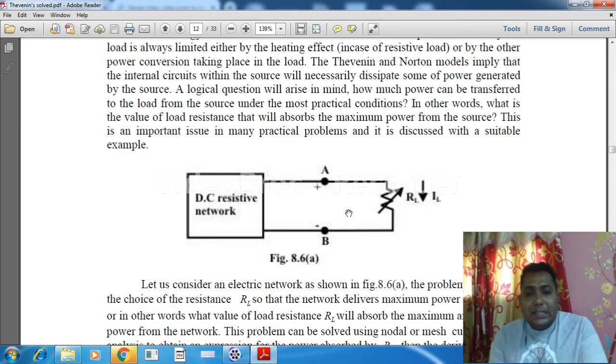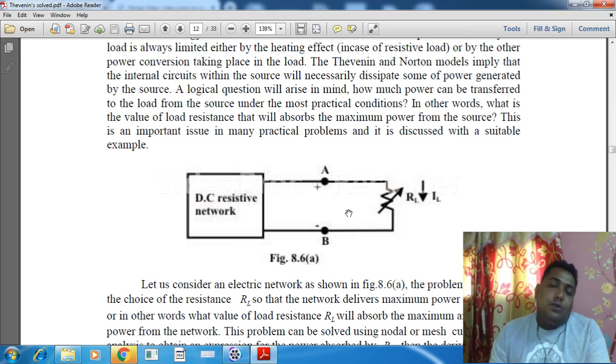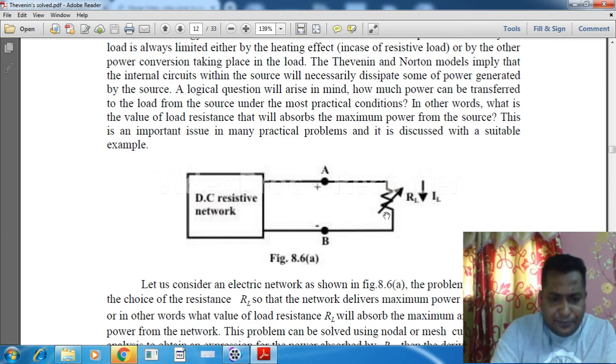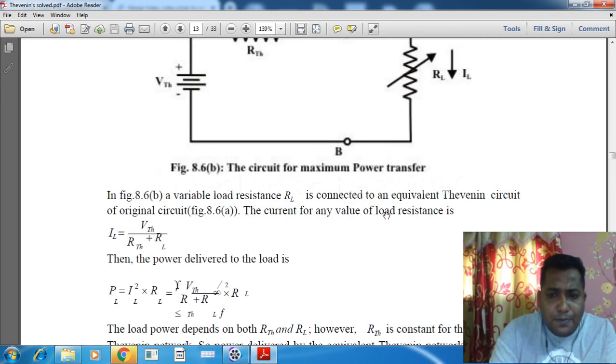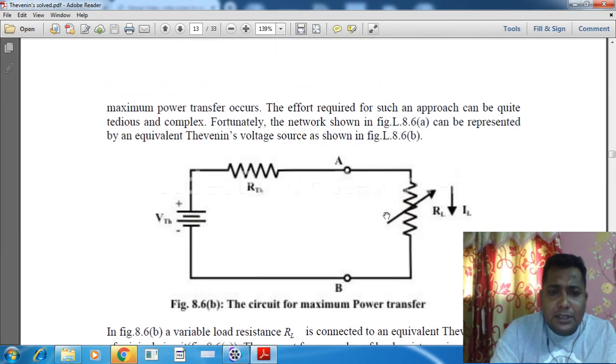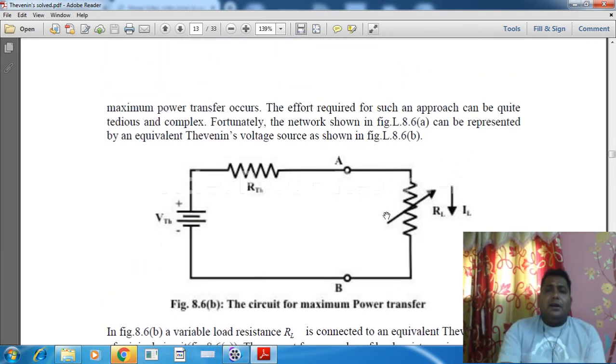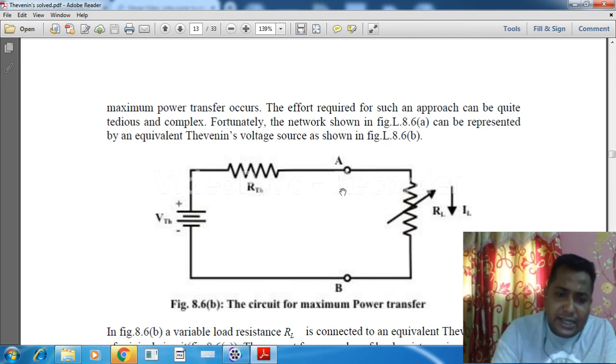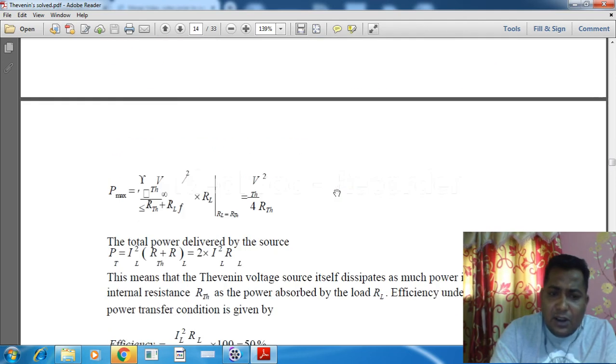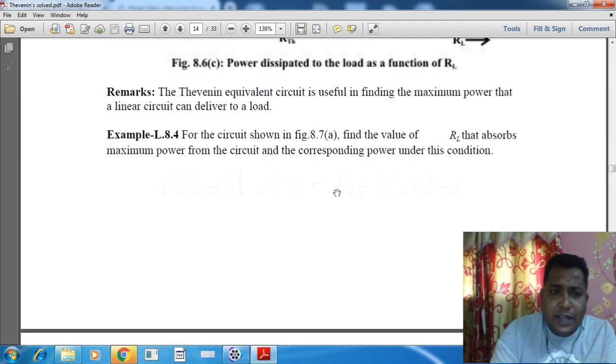With the change of this load, we can find out when the maximum current will flow through this load resistance, and at that time what the voltage and the power across the load are. This is the simple circuit where VTH, RTH and RL are all connected, and the derivation we have already discussed, so not going into those details.